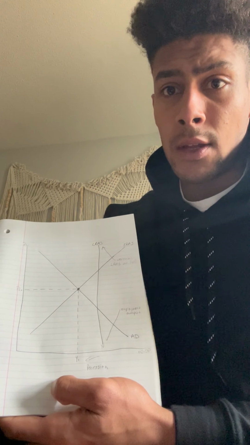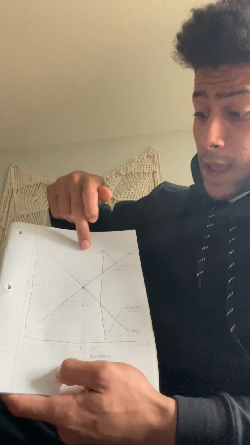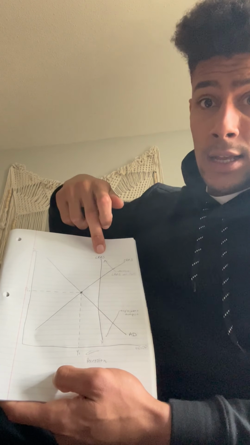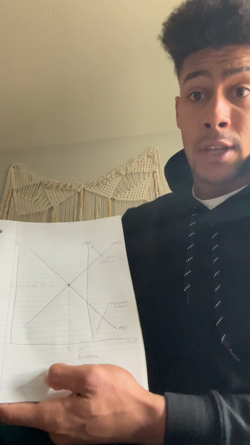A vertical long run aggregate supply curve labeled LRAS should be vertical at the full employment output. The place of the LRAS curve will depend on whether the economy is at an output gap or in a long run equilibrium.